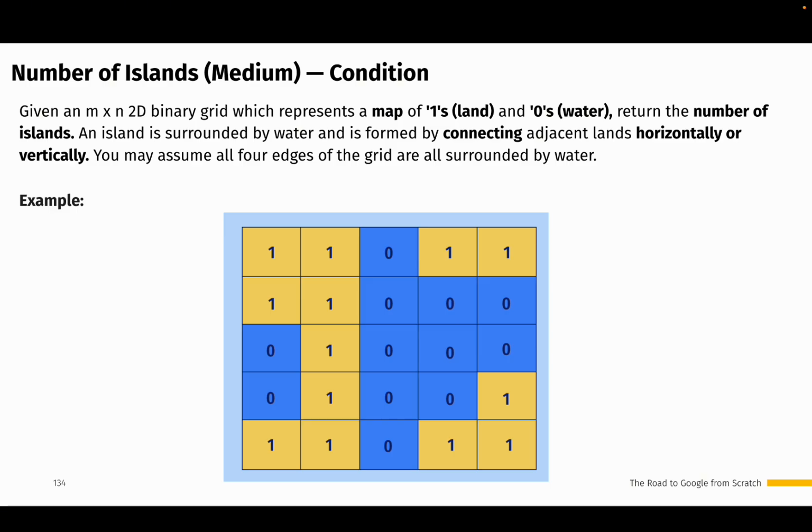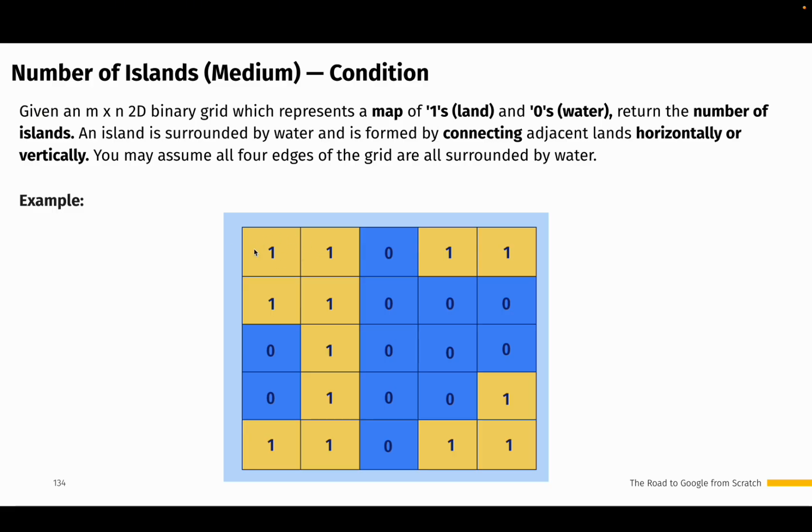So the logic of the algorithm which we will use in order to solve this problem is that we will need to check if a cell has value 1, and if so, we will need to increment the island counter because we have found a new island. Then we will need to check its neighbors, if they are also equal to 1.